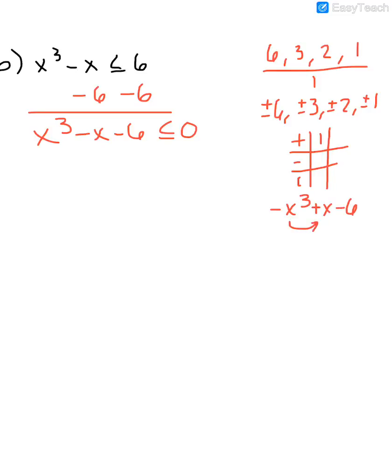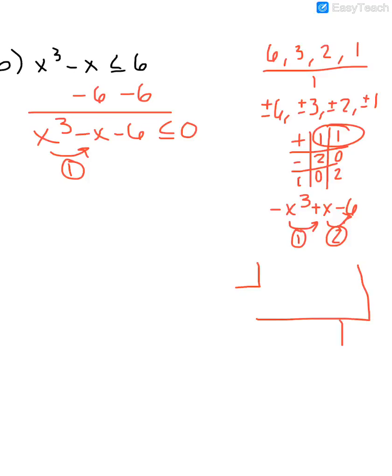So it looks like there, just 1 change. So there's 2, 0, 1, 0, 2. So it looks like at least I've got one possible positive solution here.